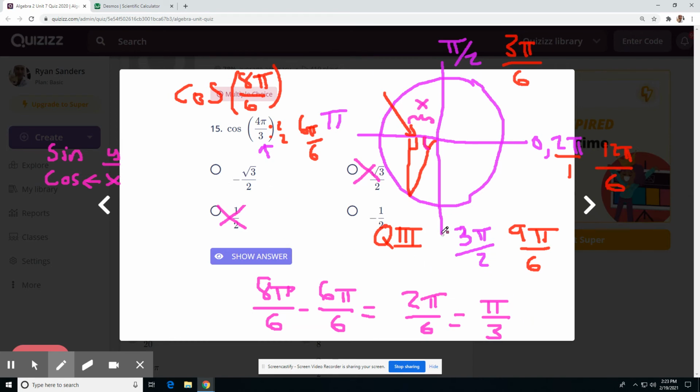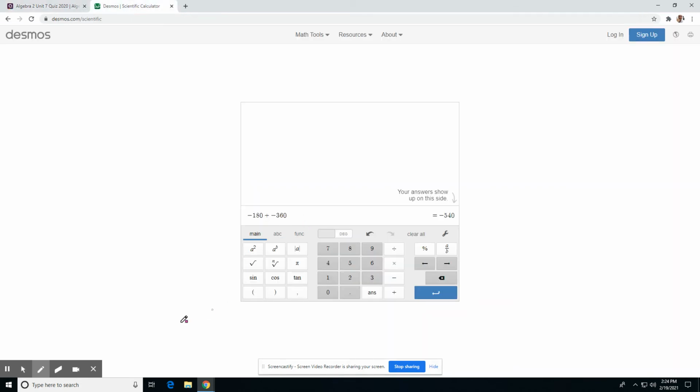Let's see. How do I want to do this? Cosine of 7 pi over 6, I guess I'll use my special right triangles. 60, 30, that's 90. That's going to be 1, 2, radical 3, if I remember right.